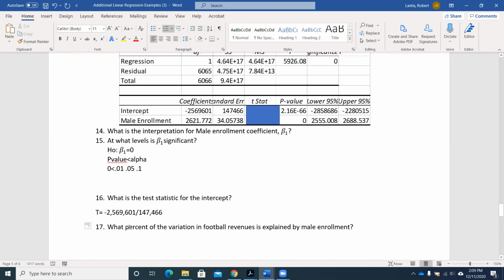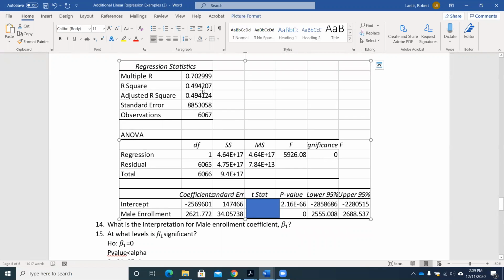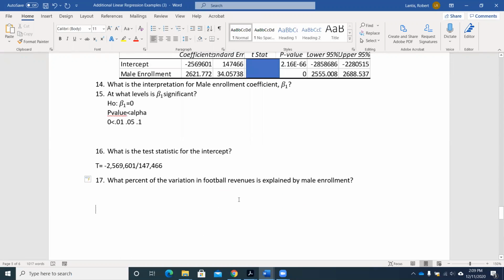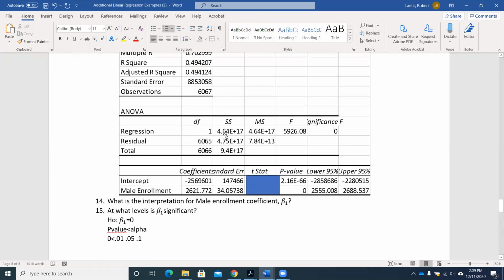The definition of the R squared is what percent of variation in the Y variable, which is football revenue, is explained by the X variable, which was male enrollment. I look at the R squared, it's 0.49. That's the proportion of the variation I'm explaining. If I wanted the percent, I'm explaining about 49% of the variation. So that's how we interpret that R squared.